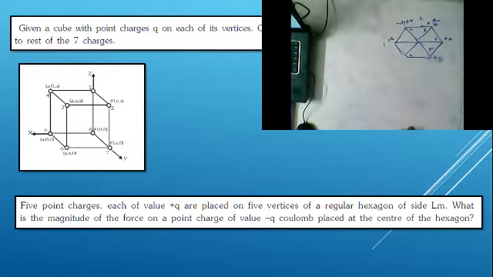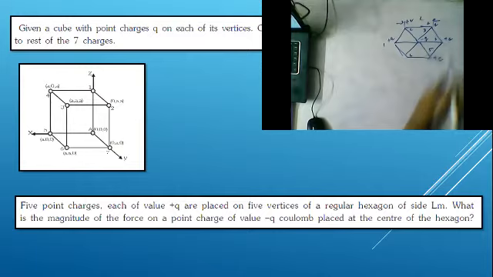Now read the question, guys. 5 point charges, each of value plus Q, are placed on 5 vertices of a regular hexagon of side L meters. What is the magnitude of force on a point charge of value minus q placed at the center of the hexagon? They kept a charge of minus q here. So what is the force experienced in this state? That is our question, guys.